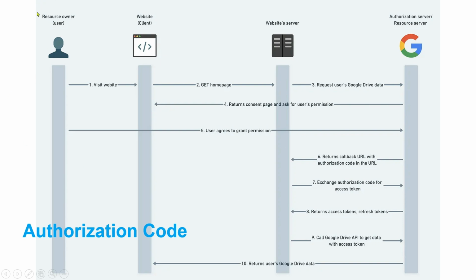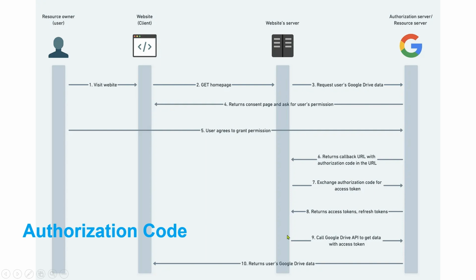So when the user is logged into the system, this is the process until we are logged in over here. Then what happens? This server will give you the authorization code. The backend of your application will exchange the authorization code and get the access token, and it will also give a refresh token.